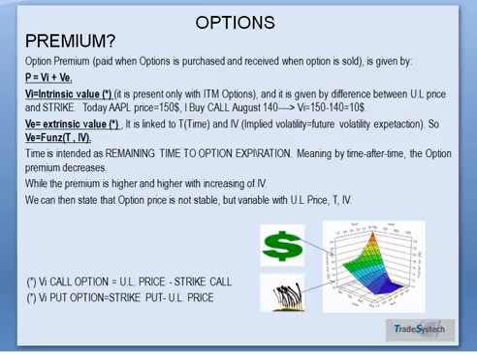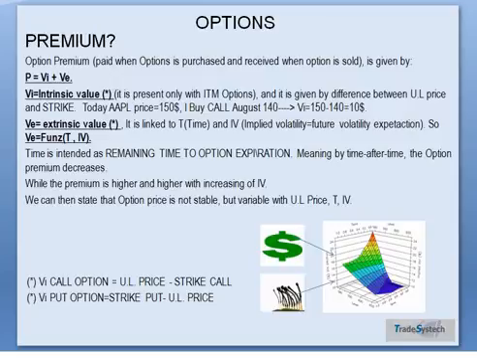Please bear in mind that implied volatility is a concept very specific to options. Don't confuse implied volatility with historical volatility, which is something different. Implied volatility is the market's future expectation for the volatility. We are going to discuss this important concept in another video as well. But for the moment, let's concentrate on the definition of premium, the price of the option.